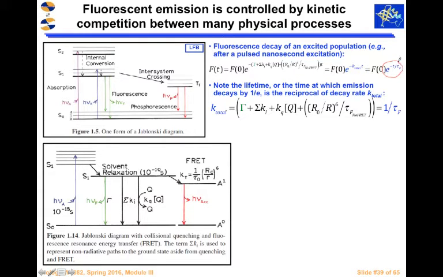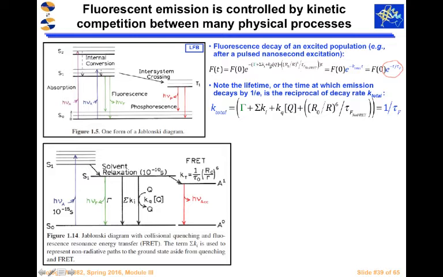This simple exponential form is an easy way for us to see what the fluorescence lifetime is. Again, the lifetime of a kinetic process is defined as the time it takes to get to 1 over E of its initial value. In this equation, if we let t equal tau f, the fluorescence lifetime, we get e to the negative 1, which is 1 over E, right?